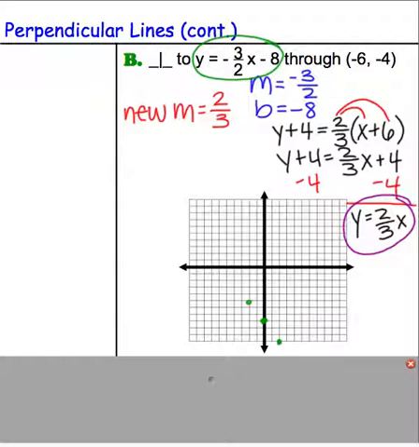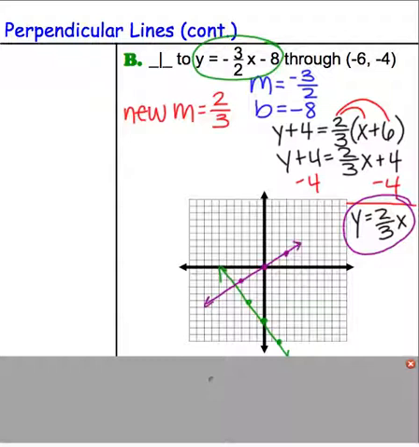And I'm going to make a nice long line. And then graphing in purple, the next one, we have 2/3 x, that means it crosses at the origin. And we go up 2, forward 3, or down 2 and back 3. And I draw my line.